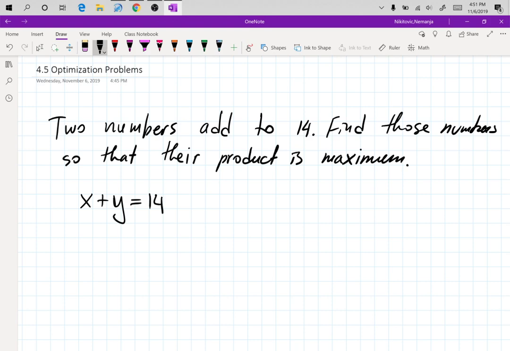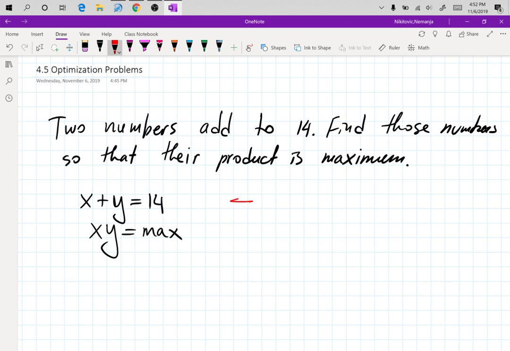So now, the next one says the product should be a max. How would you write that? Product equals a max. x times y equals max. There we go. So we converted two sentences.